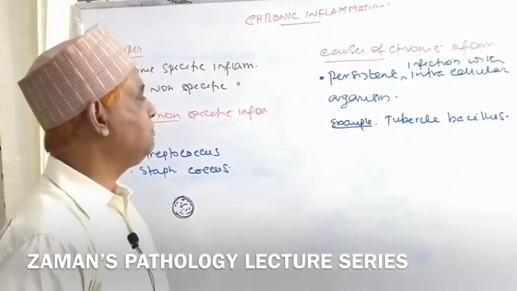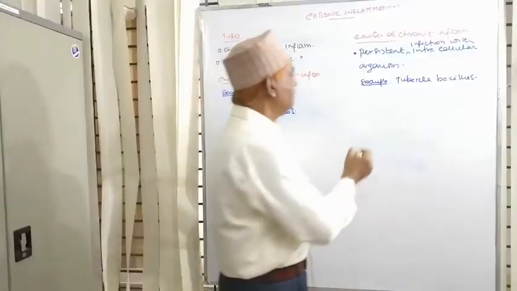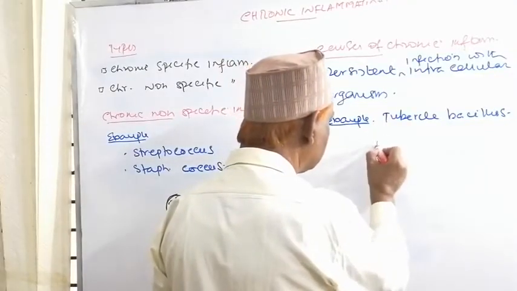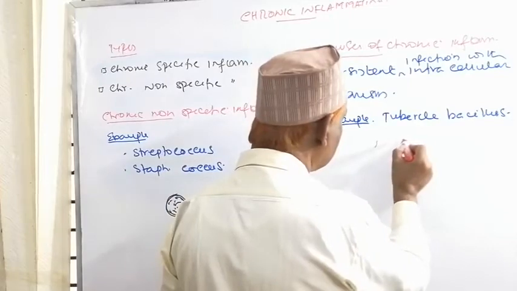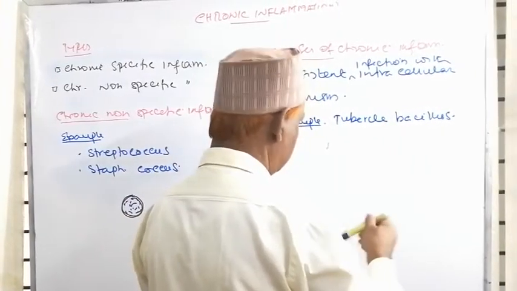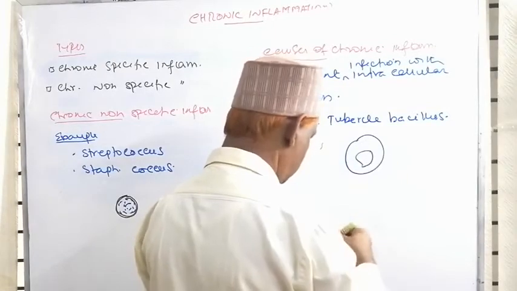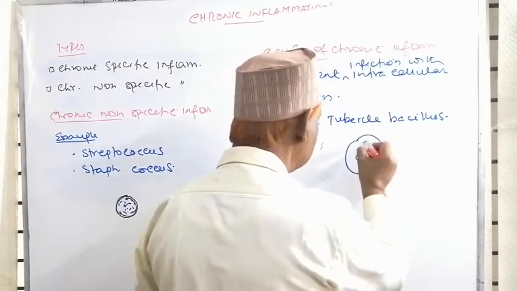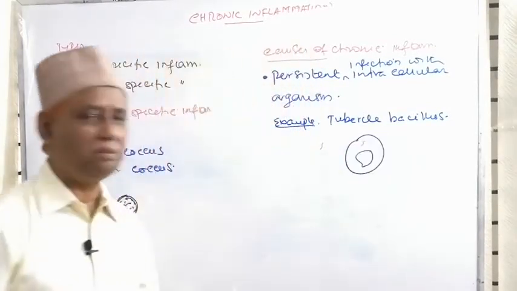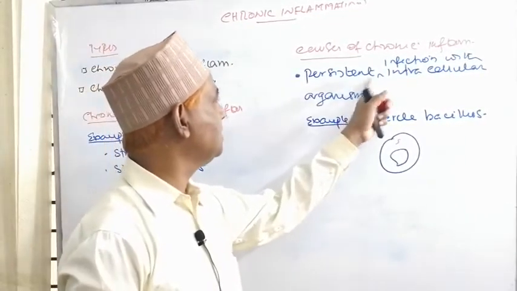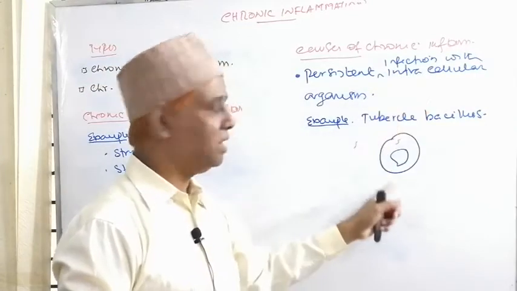If anybody is infected with tubercle bacillus, it is engulfed by macrophage. But the macrophage cannot digest it. So it remains as persistent infection as an intracellular organism.